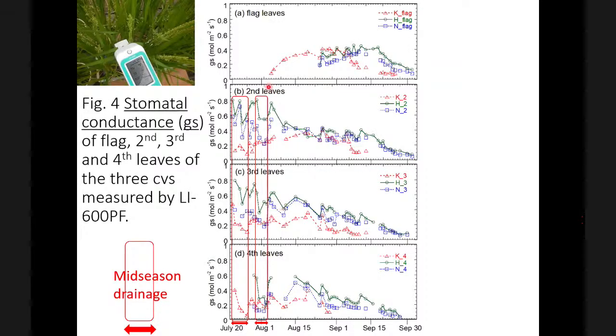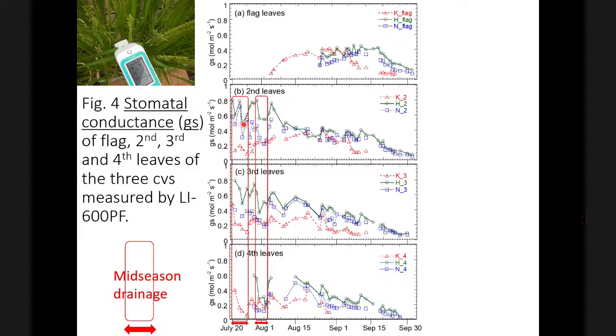Now, in these graphs, I show mostly the daily variation of stomata conductance measured by this instrument. Here, the red circle surrounded by the red lines is during the mid-season drainage condition.